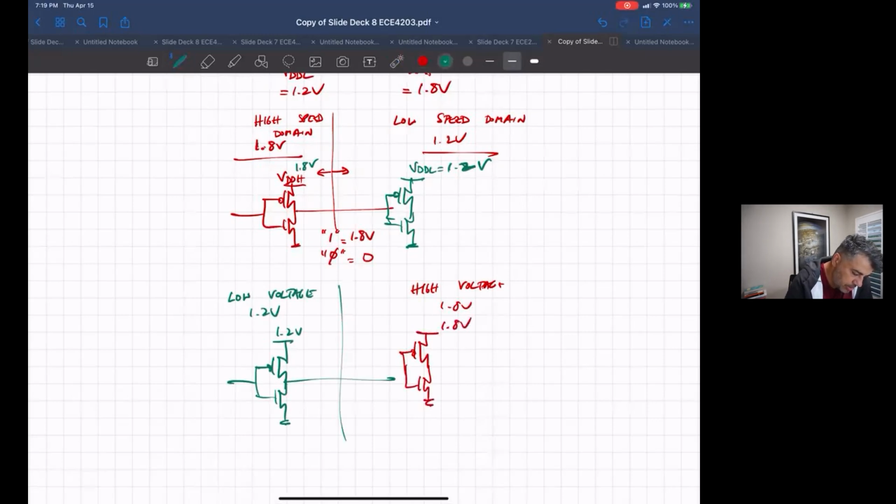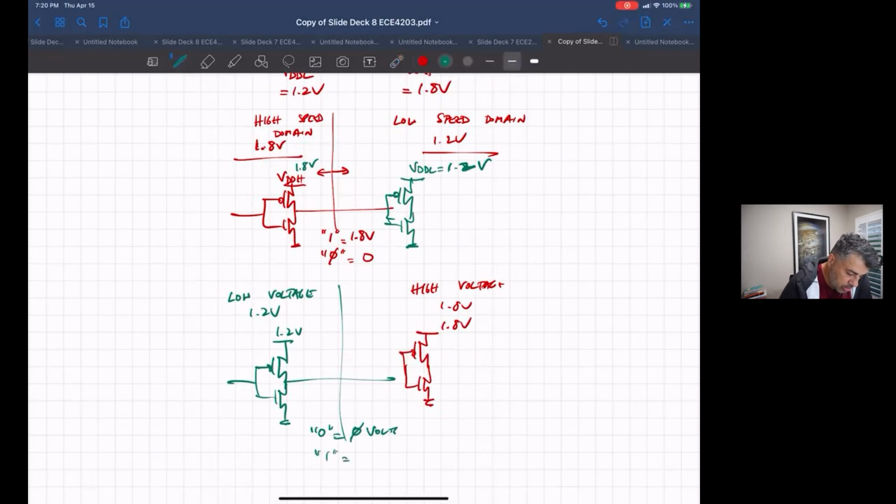Let's see what happens here. Your 0 is 0 volts, so that's okay. It'll turn this guy off, and put a VGS of 1.8 volts on this guy, turning it on. That's very good.